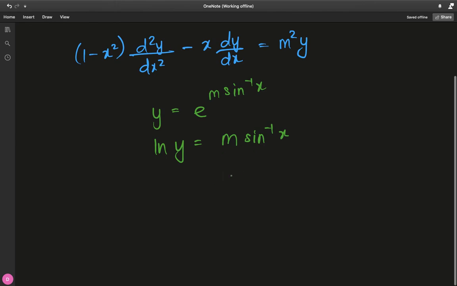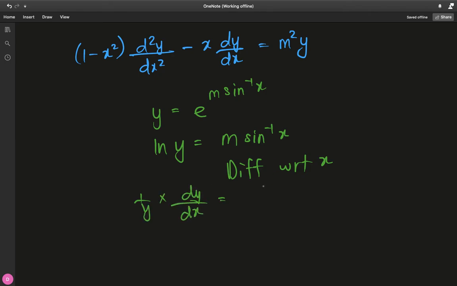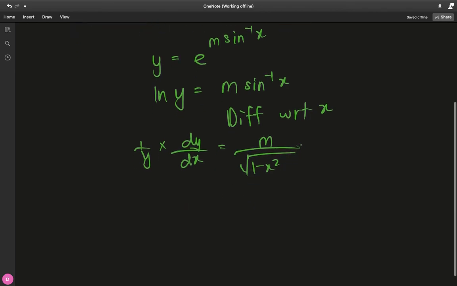Now differentiate both sides with respect to x. So we have 1 over y times dy over dx by implicit differentiation, and over here we have m divided by square root of 1 minus x squared. So dy over dx therefore is my divided by square root of 1 minus x squared.